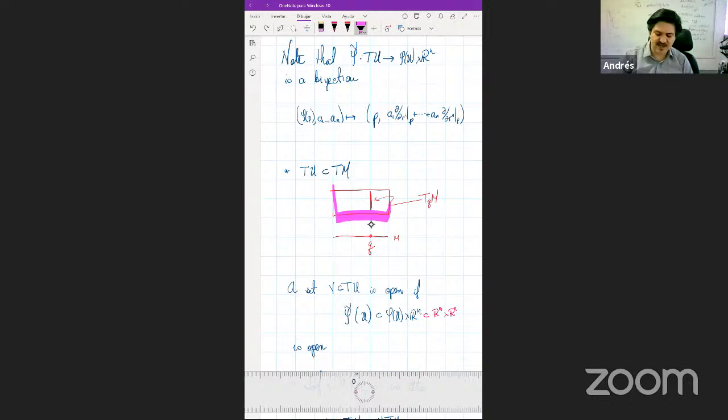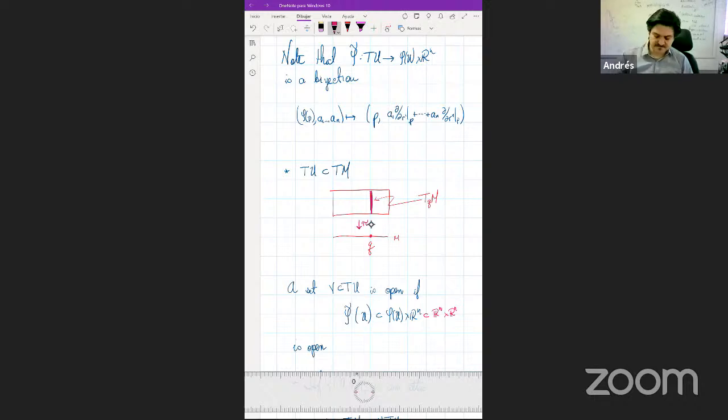Above that, we will have the tangent bundle. We already defined the projection map here, pi. And above any point, you already responded to this, we have the tangent space at that point. Okay.